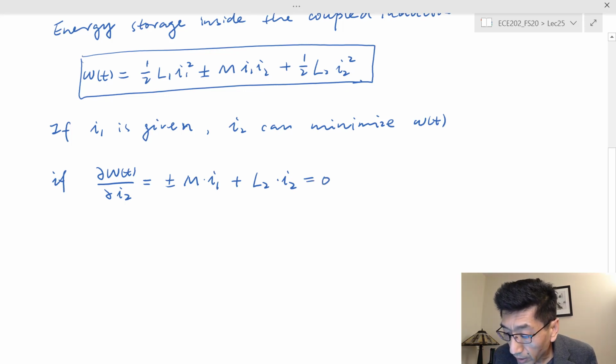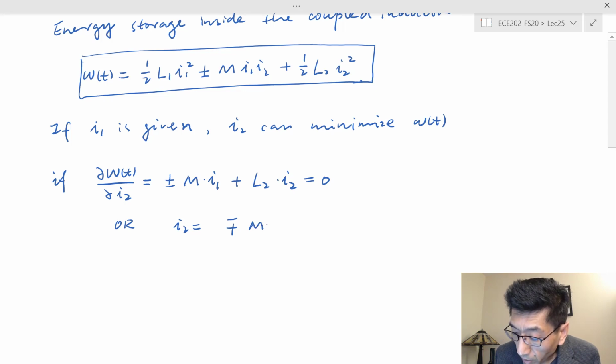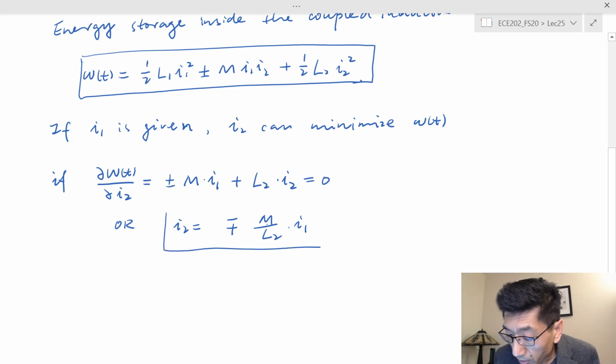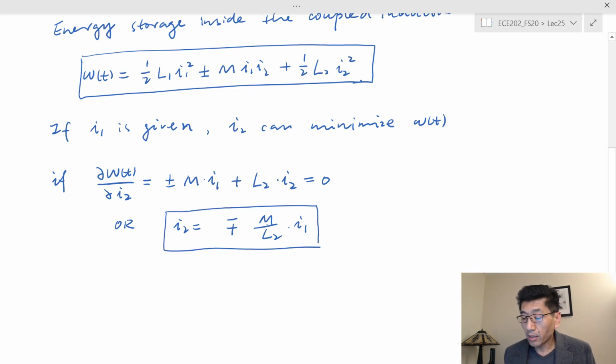If this is satisfied, I2 is equal to minus or plus M over L2 times I1. And this is a condition that will minimize the energy stored inside the coupled inductor.